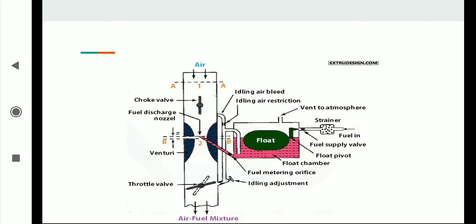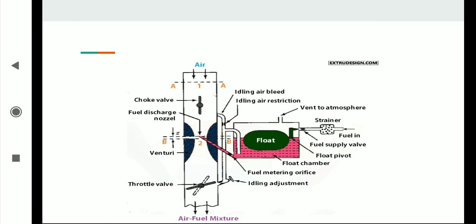The fuel discharge is affected by the size of the discharge jet, and it is chosen to give the required air-fuel ratio. The pressure at the throat at the fully open throttle condition lies between 4 to 5 centimeters of mercury below atmospheric and seldom exceeds 8 centimeters of mercury below atmospheric.